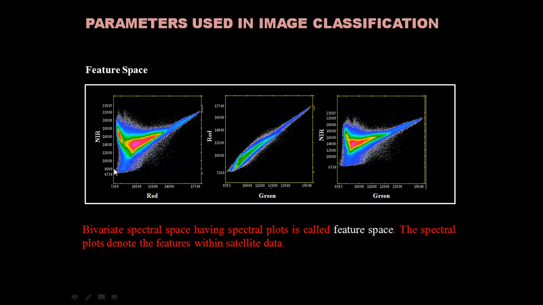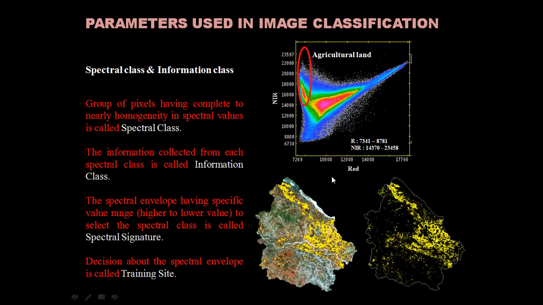So this space is the feature space, and these plots are called the feature plots, and these plots are representative of the image pixels, and from these image pixels we can clearly identify the objects from the satellite datasets, and it is the basic backbone of the image classification system.